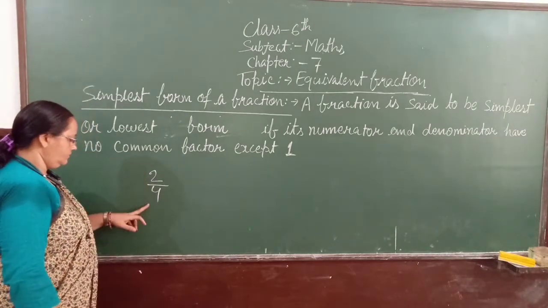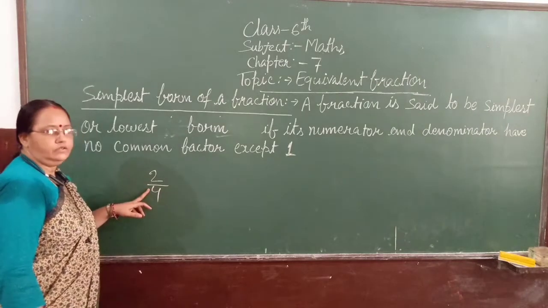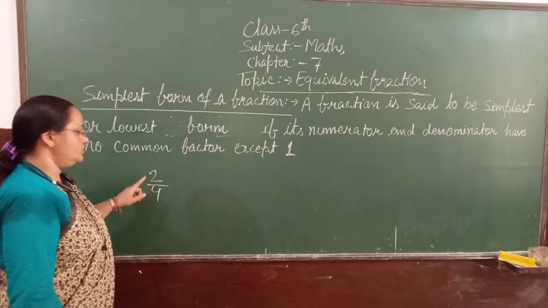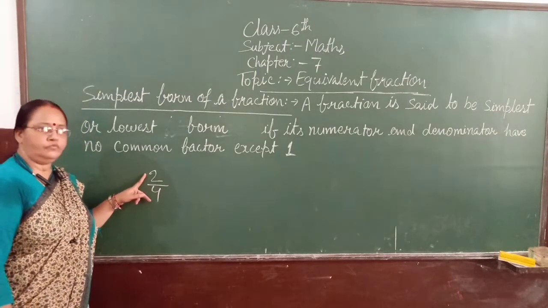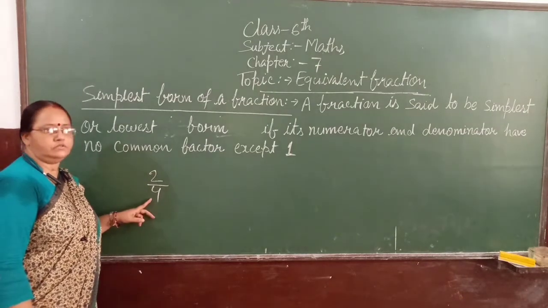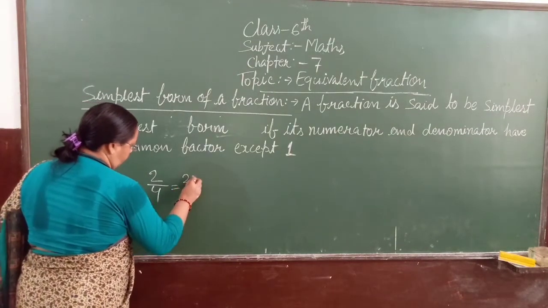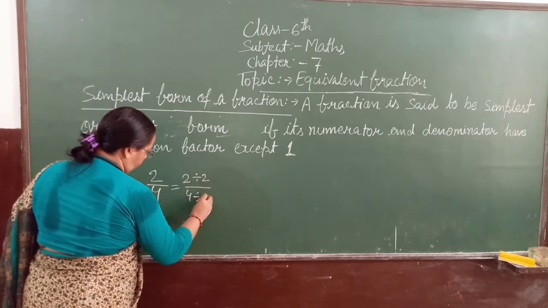To find out the simplest form, we have to divide numerator and denominator by the HCF of the given numbers. Here HCF of 2 and 4 is 2. So we divide 2 divided by 2 and 4 divided by 2.